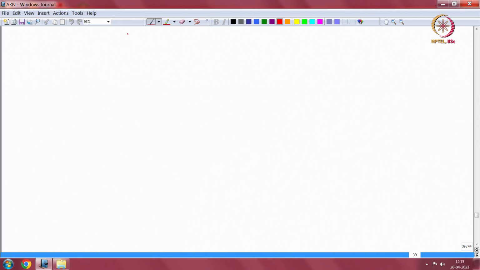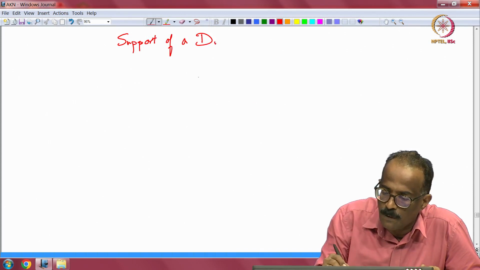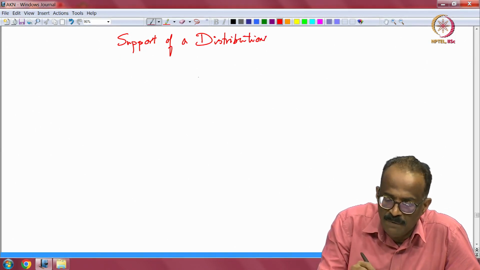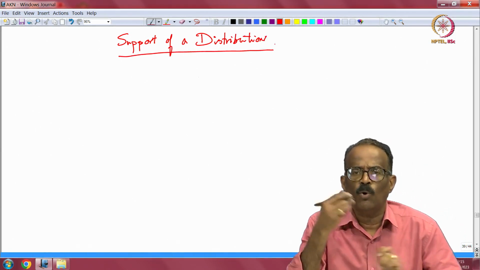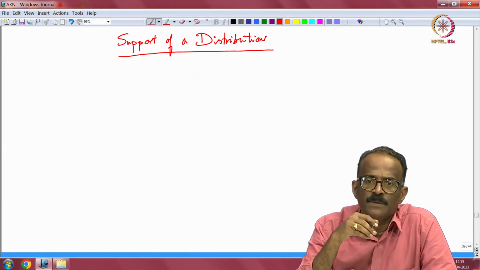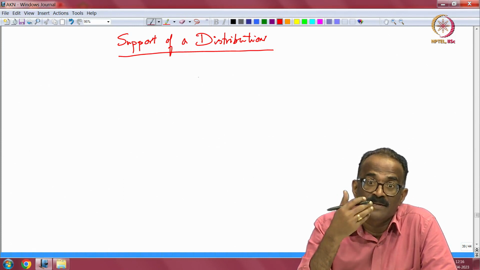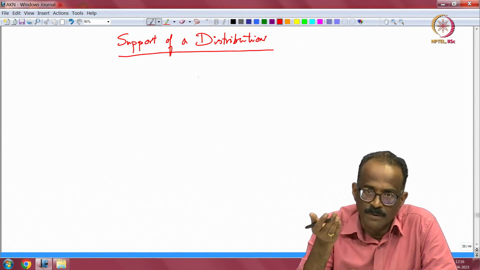So, now we will go to the next important concept, support of a distribution. Whenever we are defining a new concept for distributions, you should get motivated by the distributions given by locally integrable functions.